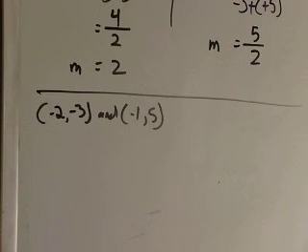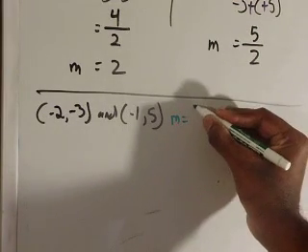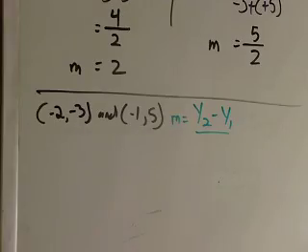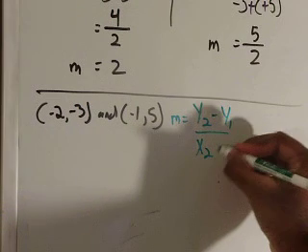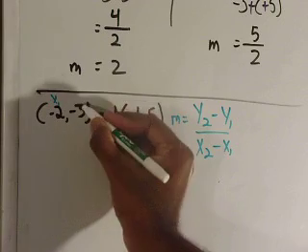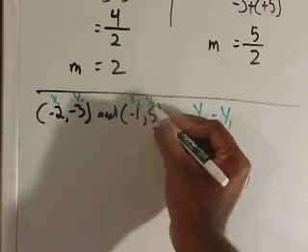Well, your slope formula is M is equal to y2 minus y1 over x2 minus x1. And so what you got to do there is simplify. You can think of this as your x1, y1, and this is your x2, y2.